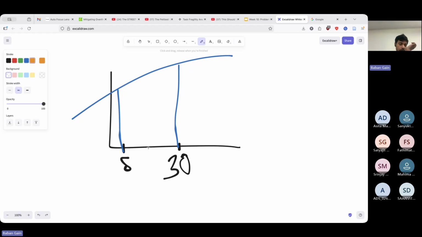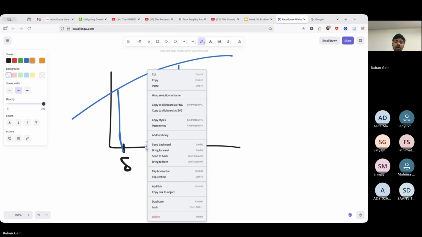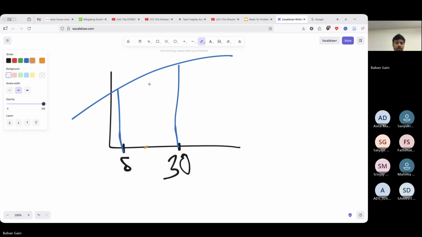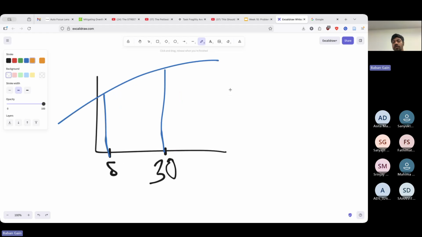We have to calculate the midpoint. What is the midpoint here? 8 plus 30 divided by 2, which is 19. So we have to draw one at 19 here. But assume that instead of 2, I am taking 4. Then you have to define a step size.